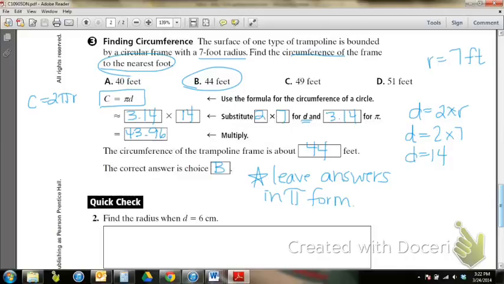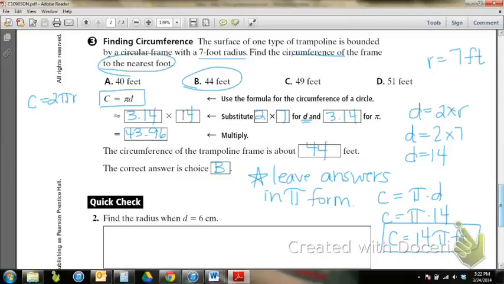So for example, I would have left this answer, I would have just said it's pi times 14, but it looks better to write 14 pi, and don't forget your units, feet. Okay, so that's how I would leave my answer. No need to multiply the 3.14. But this was a multiple choice question, and they said to the nearest foot, so I had to.